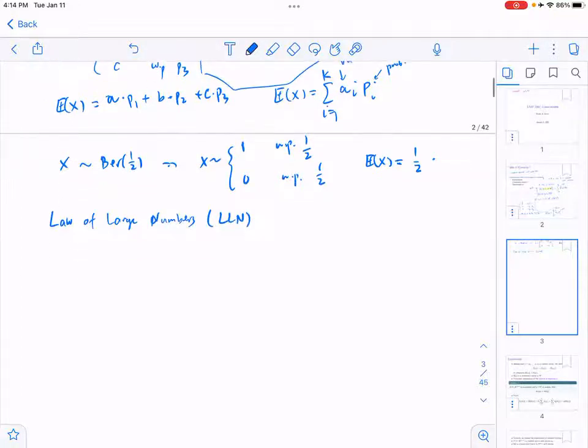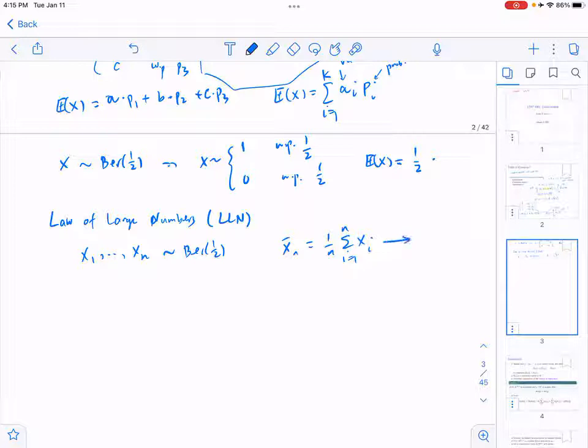What this is saying is that for a single random variable, it doesn't make sense. If you do it once, you either observe 1 or 0. But if I have multiple of these, let's say a sample of size n, if you repeat the experiment many, many times and form the sample average, this is going to converge.